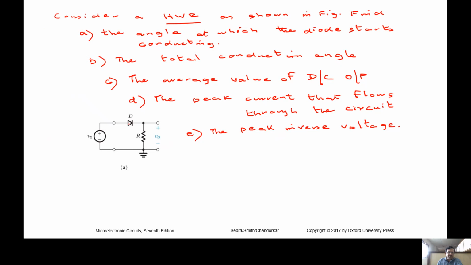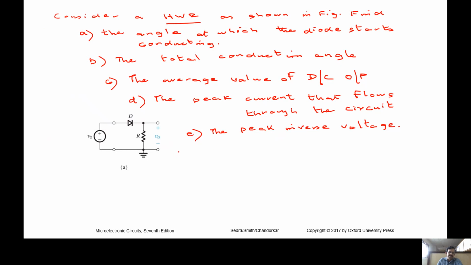Therefore, only when the terminal connected to the P region of the diode is relatively more positive than the N region of the diode will the diode conduct. But before that, let us first give the parameters so that we can work out the numerics.